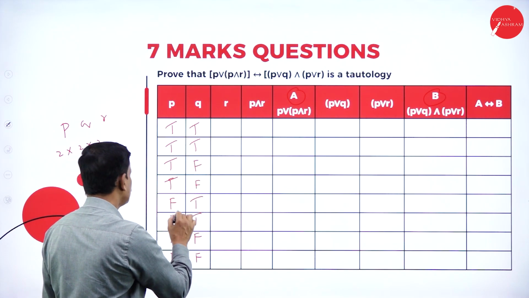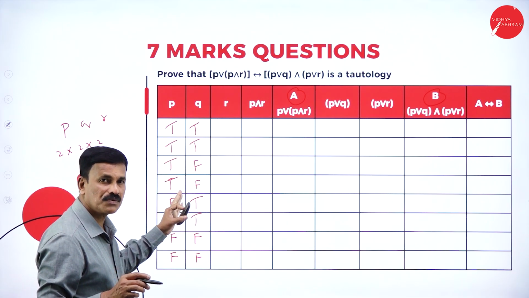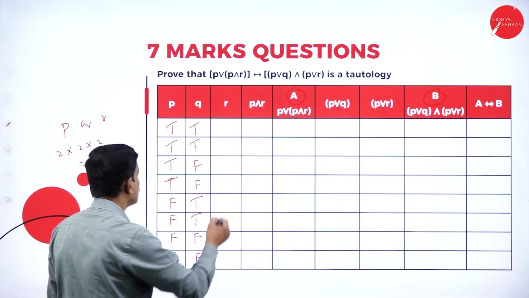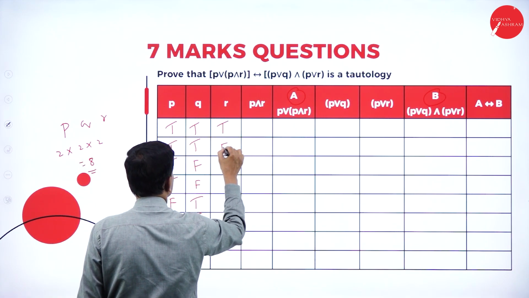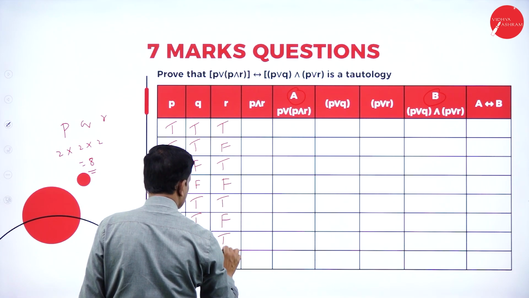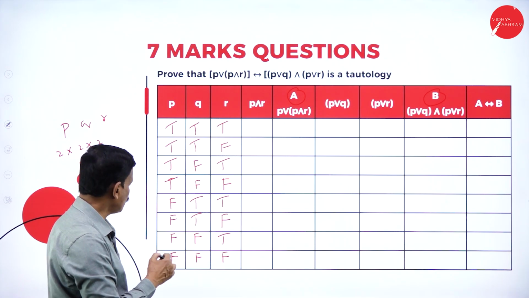T, T, F, F, T, T, F, F. For R, alternately true and false: T, F, T, F, T, F, T, F. That's all. Okay.